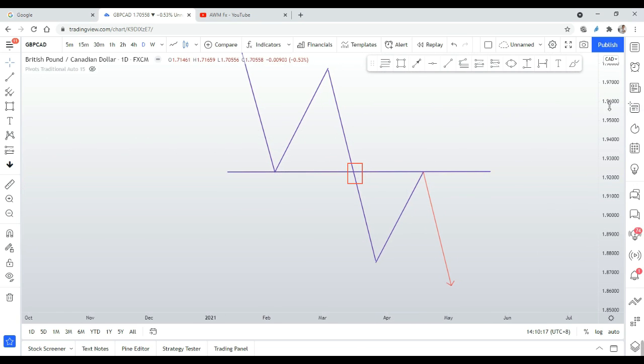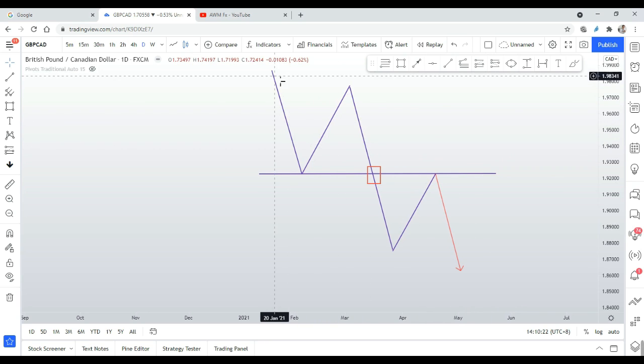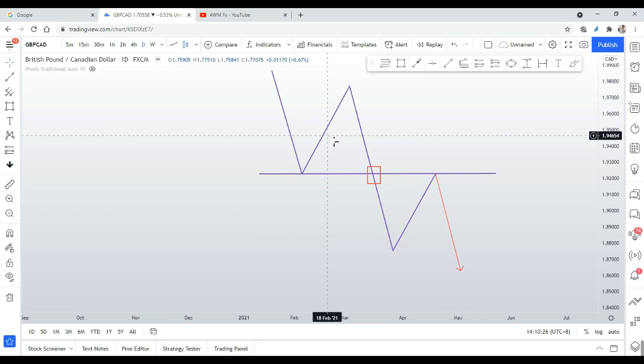Let's assume that this is in a big time frame, like the day chart or the week chart. You cannot get any good point to reduce your stop loss because on the day or week it will be very huge.